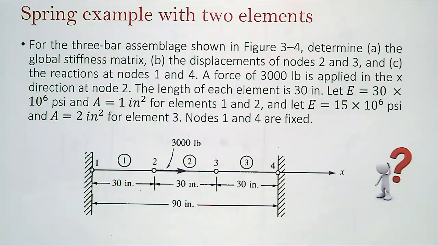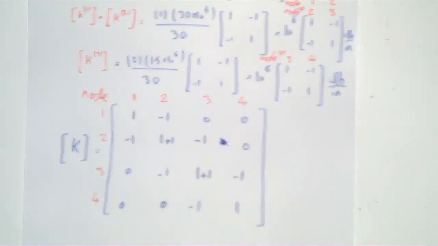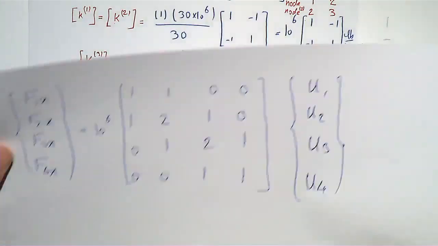And we also know that we have an external force at node number 2, which is 3,000 pounds.